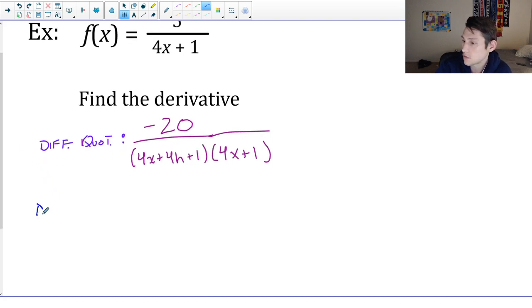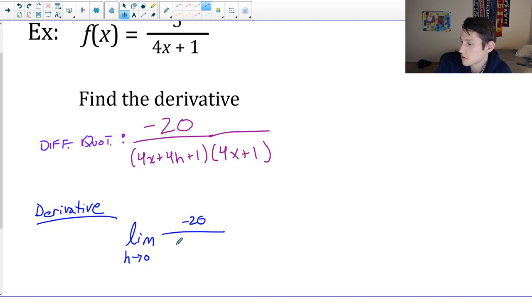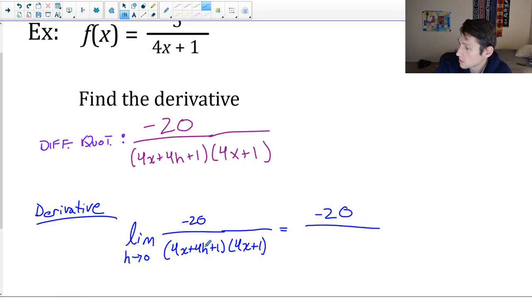Okay, so now actually to find the derivative, we take the limit as h approaches 0 of the difference quotient. All right, so the only h here is right here, plus 4h, so that's plus 4 times 0, so this just becomes 4x plus 1 times 4x plus 1.